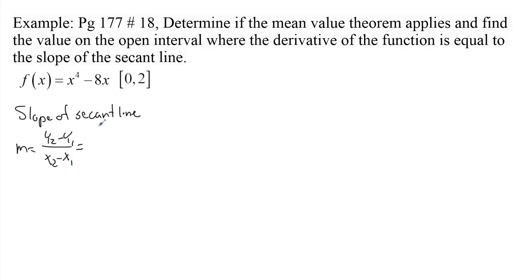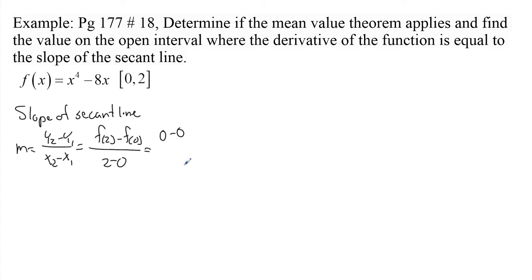Well, in this particular case, it's going to be f of 2 minus f of 0 over 2 minus 0, which in this case, if I plug in 2 to the fourth is 16, and 8 times 2 is 16, so I get 0 minus 0. Did I do that right?